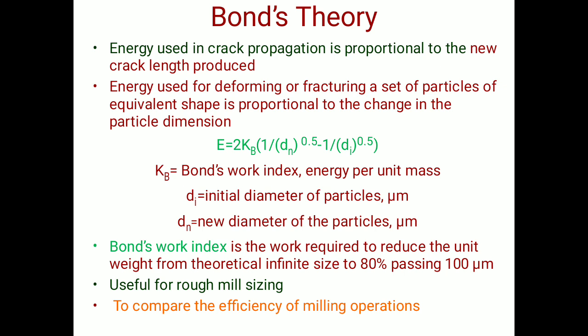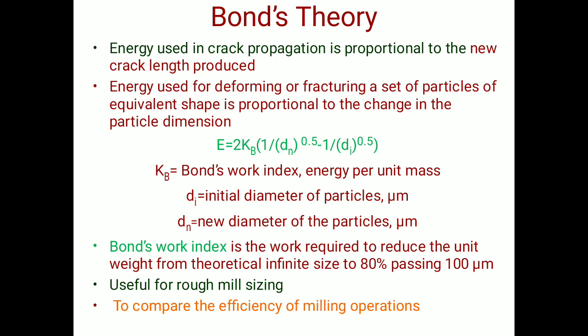So the energy used for deforming or fracturing a set of particles of equivalent shape is proportional to the change in particle dimensions. Next is the Bond's work index. It is the work required to reduce the unit weight from theoretically infinite size to 80% passing 100 micrometer.